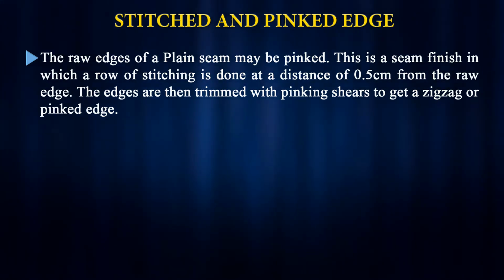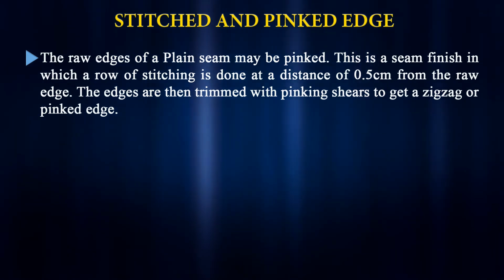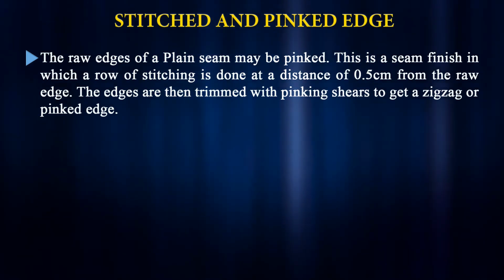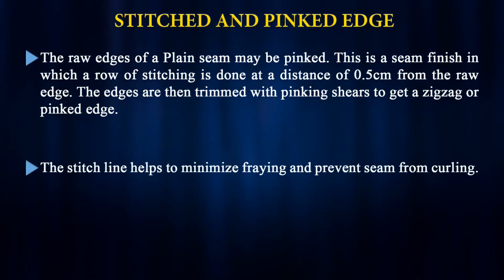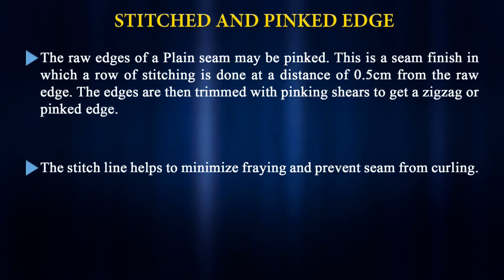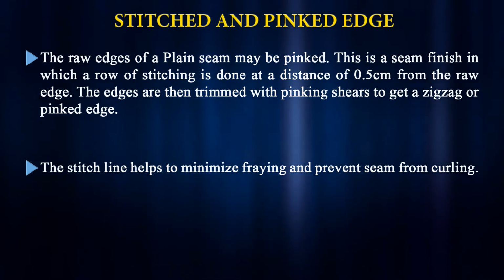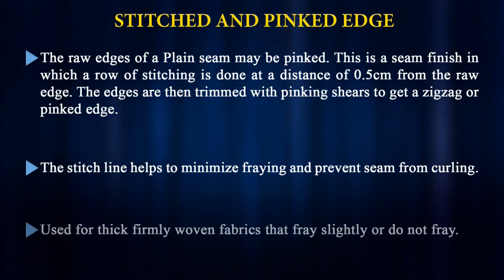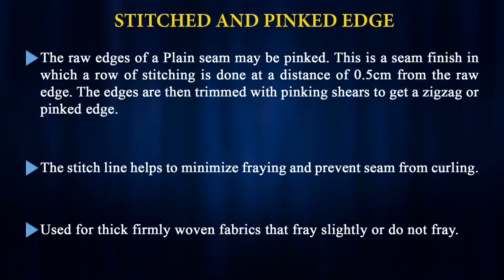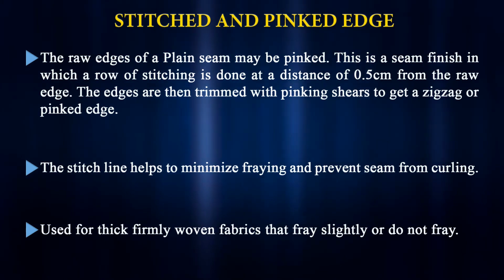When we get a zigzag edge, it does not fray as much as if it is left straight. So the stitch line helps to minimize the fraying and prevent the seam from curling, and it is used for thick, firmly woven fabric that frays slightly or does not fray.